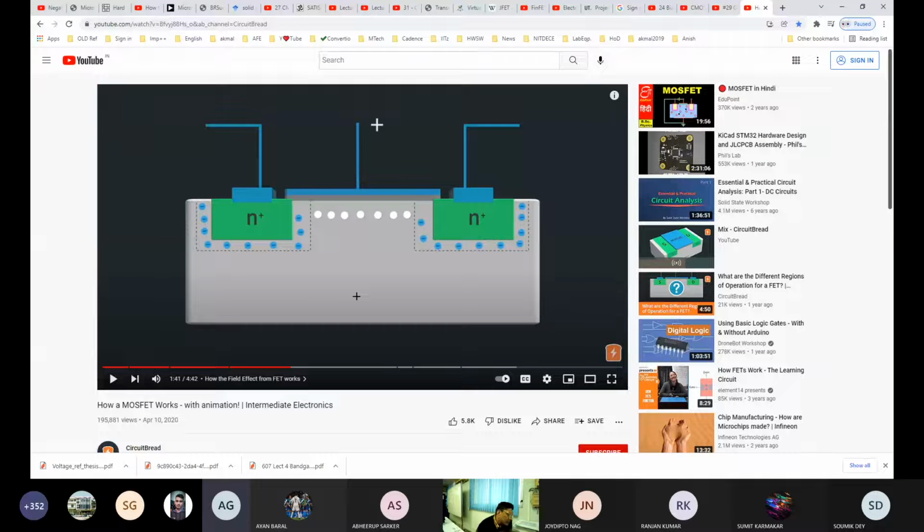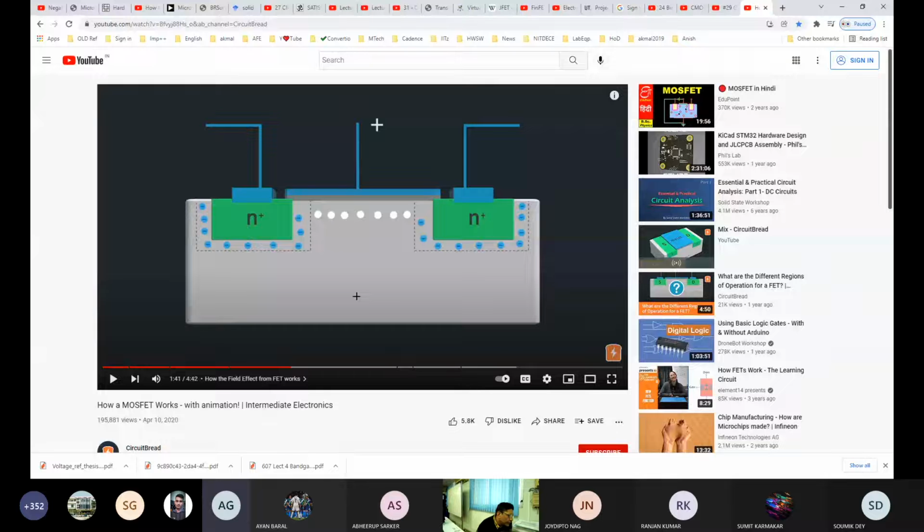By active region, I hope you are aware that the base-emitter junction is forward biased and the collector-base junction is reverse biased. So in the active region, the transistor is biased to work as an amplifier.